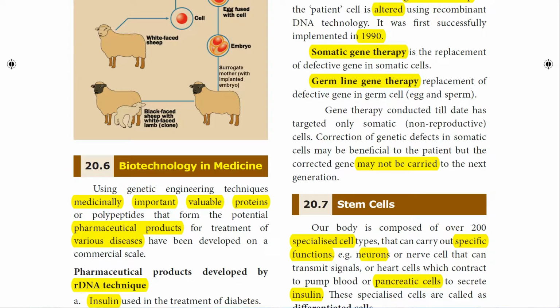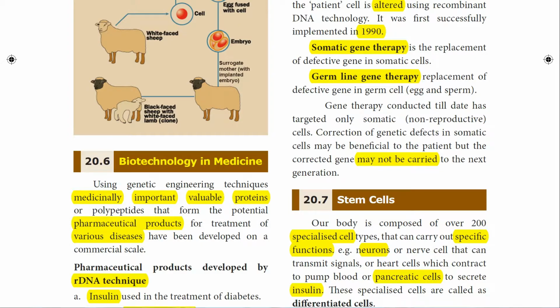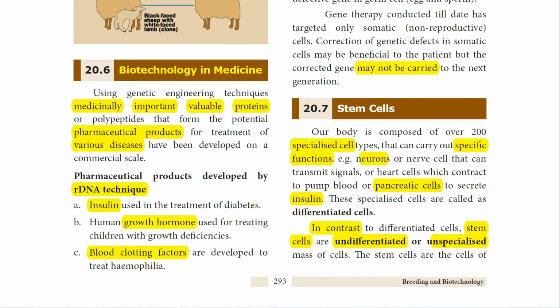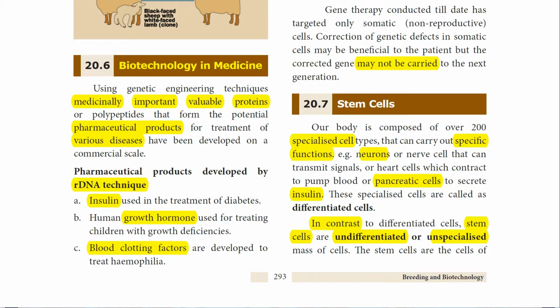Pharmaceutical products are used for the treatment of various diseases. Pharmaceutical products developed by rDNA techniques are, first one, insulin. Insulin is the hormone used for the treatment of diabetes. Similarly, human growth hormone is also produced for treating children with growth deficiency.